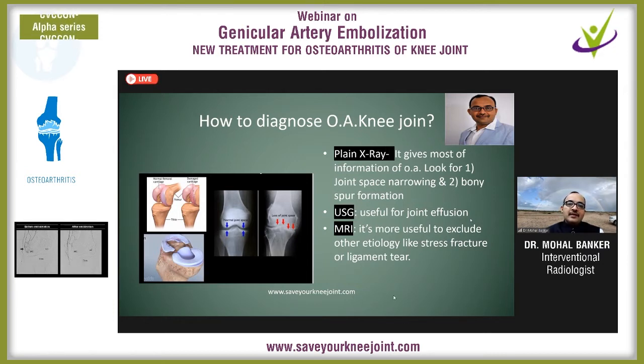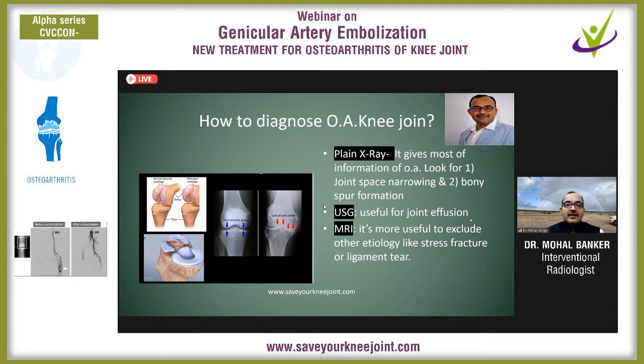Similarly, in MRI, there are lots of other signs which show there is a chronic inflammation process going on within the joint. So for osteoarthritis of knee joint, these investigations are very important, and particularly when we are planning for genicular artery embolization, power Doppler and MRI are very important tools to define the severity of chronic inflammation within the joint.